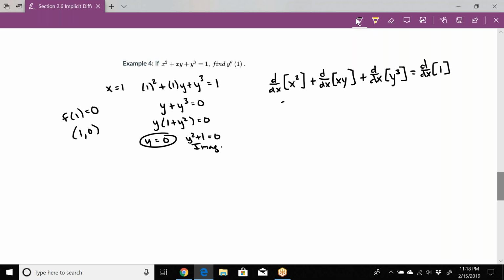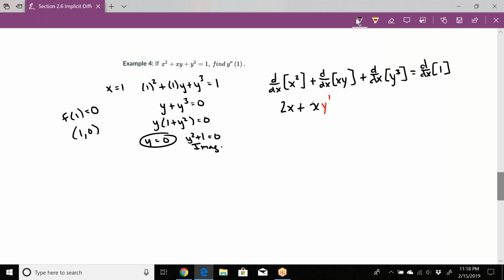So for the first one, we just get a 2x since it is the correct variable. We're going to get a product rule here. This is a first function and a second function essentially. So first times derivative of the second. Well, the derivative of y would be y prime. That's like the dy dx.